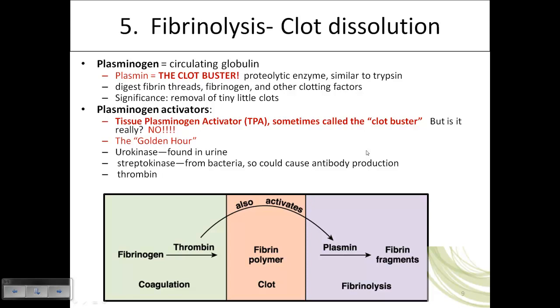Finally, we're starting to see negative feedback because when thrombin activates plasmin, of course it's going to be hydrolyzing those fibrin threads. Finally, we're going to get a stopping mechanism to that clotting pathway.